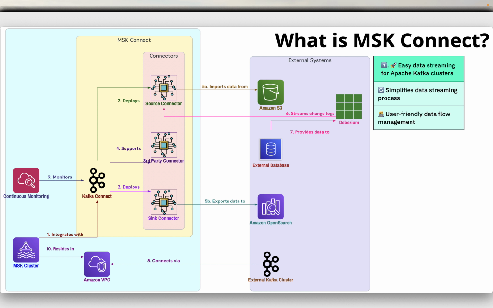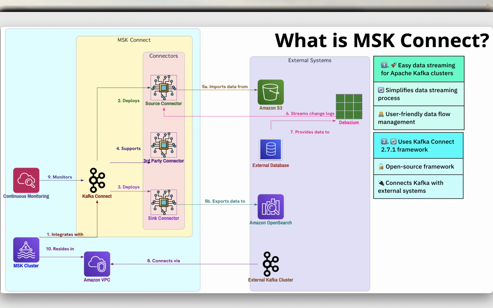MSK Connect is a feature of Amazon MSK that simplifies the process of streaming data to and from Apache Kafka clusters for developers. It provides a user-friendly way to manage data flow in Kafka-based systems. MSK Connect is built on Kafka Connect 2.7.1, which is an open source framework.